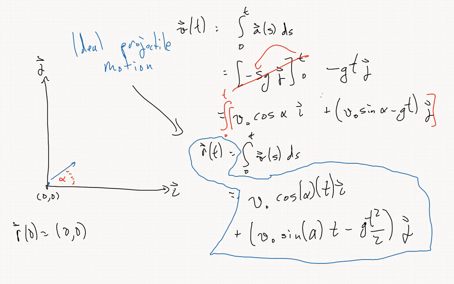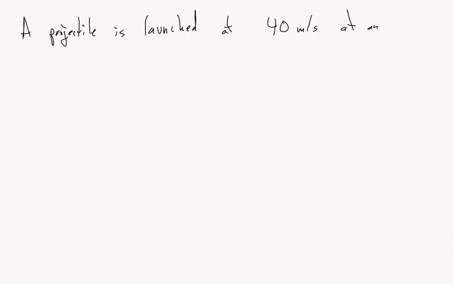So let me do an example. Let's say a projectile is launched at 40 meters per second at an angle of 30 degrees from horizontal.